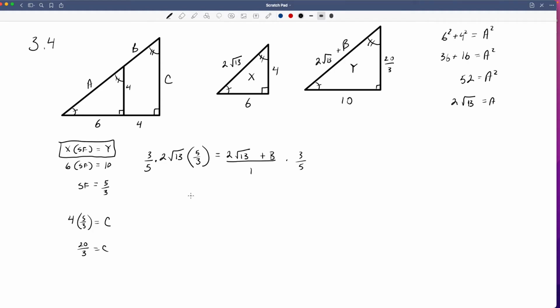And this is going to be 2 times the square root of 13 is equal to 6 times the square root of 13 plus 3b all over 5. Okay? And what I can do is I can actually split this up. You want to split this up into 2 separate parts so that you can move it around. So I'm going to put both sides over 5. And I'm going to subtract this from both sides.